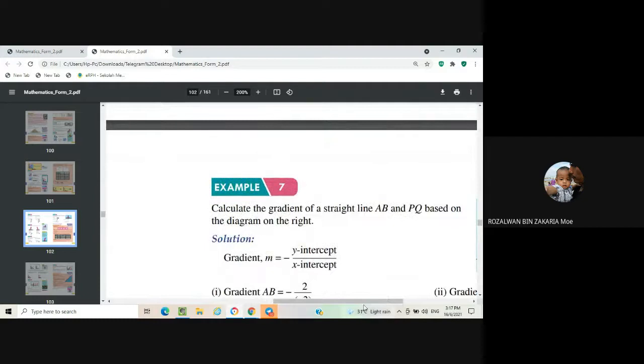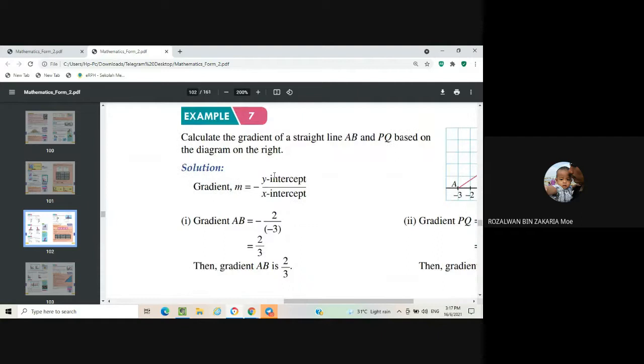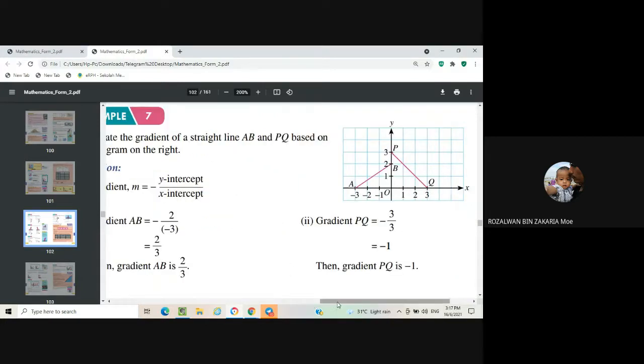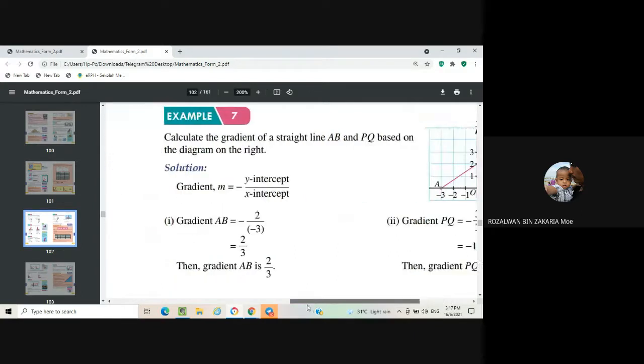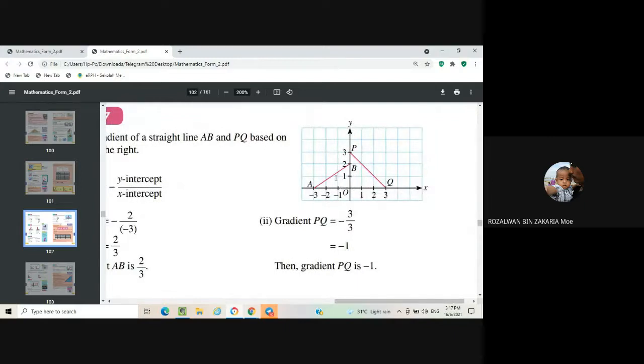Okay, next. Look at this example 7. The question is, calculate the gradient of the straight lines AB and PQ based on the diagram on the right. How to find the gradient of AB? As you can see in the diagram, for the line AB, the x-intercept equals minus 3 and the y-intercept equals minus 2.